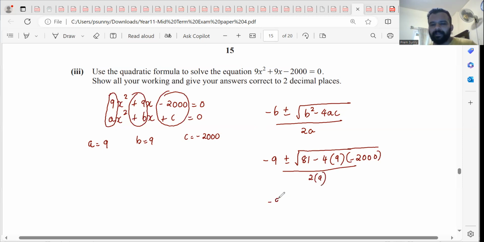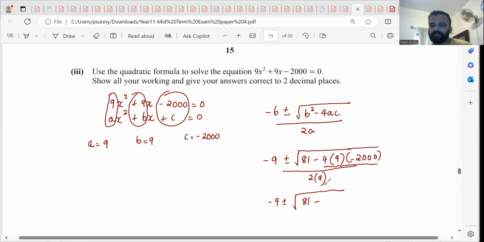So this will become minus 9 plus or minus, the whole thing I can put in a bracket. First I'm going to find this portion here, 4 into 9 into minus 2000, which gives me minus 72,000. So plus or minus root of 81.